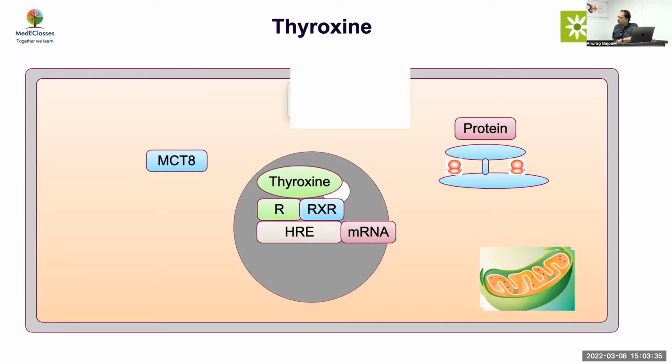to act upon the hormone response element, which basically are what? What are the hormone response elements essentially? In terms of actual genetic level, what are they? They are the promoters.